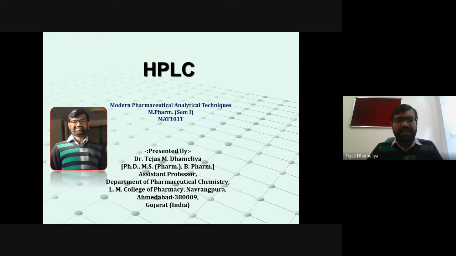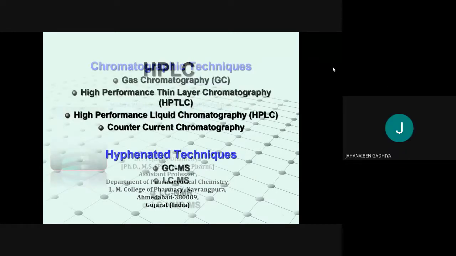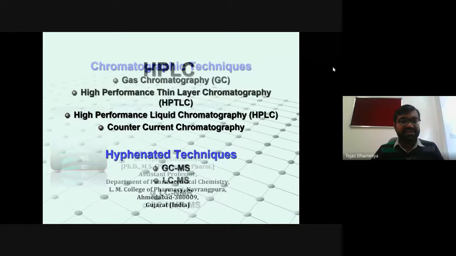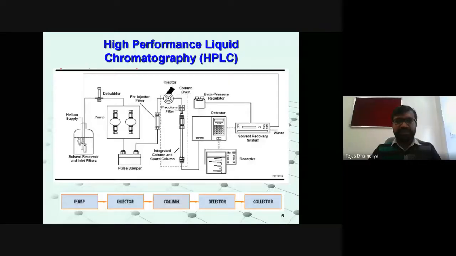Basically, the chromatogram, the Gaussian curve, and these many concepts. Nowadays that is also applicable to non-colored compounds also.